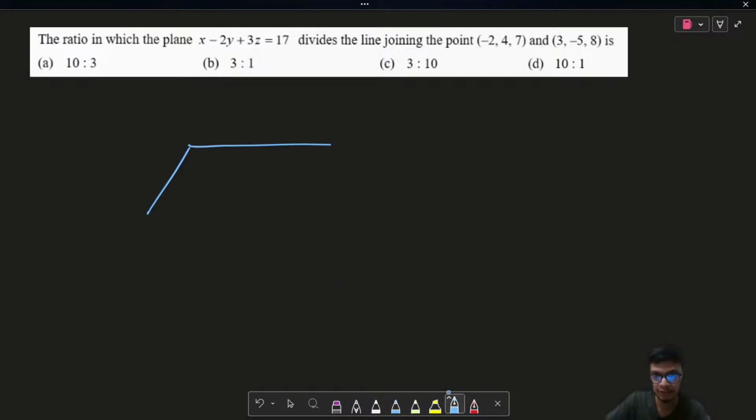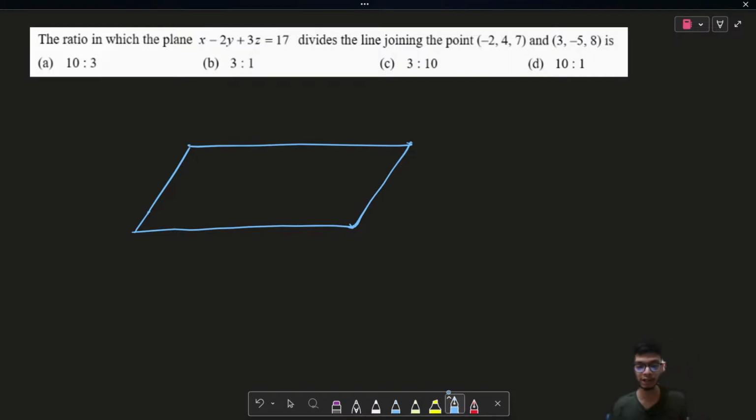So the ratio in which this particular plane, where I have my equation of the plane. So let us first of all try to draw or have a pictorial understanding of the plane. In questions of mathematics, trying to draw the formulation of the problem is going to be helpful, especially when you are dealing with questions which have multiple steps of calculations, right? So you have to plan beforehand how to proceed with the question.